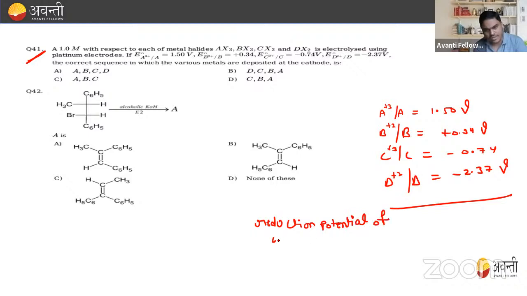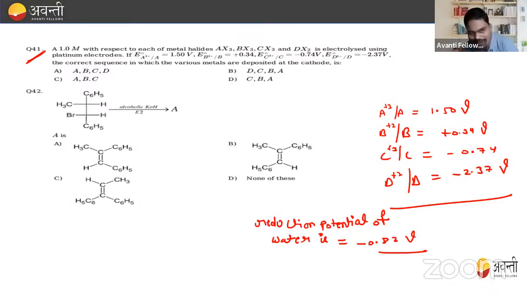That is the reduction potential of water, which is minus 0.83 volt, right?